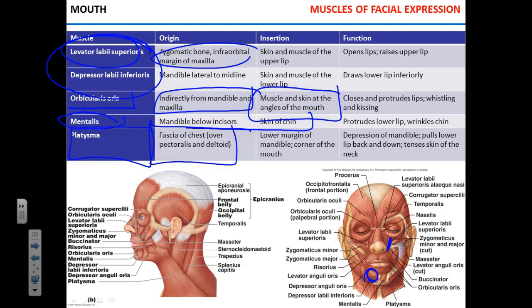Here is what it does. The functional movement is this: it opens your mouth. The funny movement is this. So when you tense the neck skin, it's platysma. Does that make sense? Good. We're going to wrap it up.